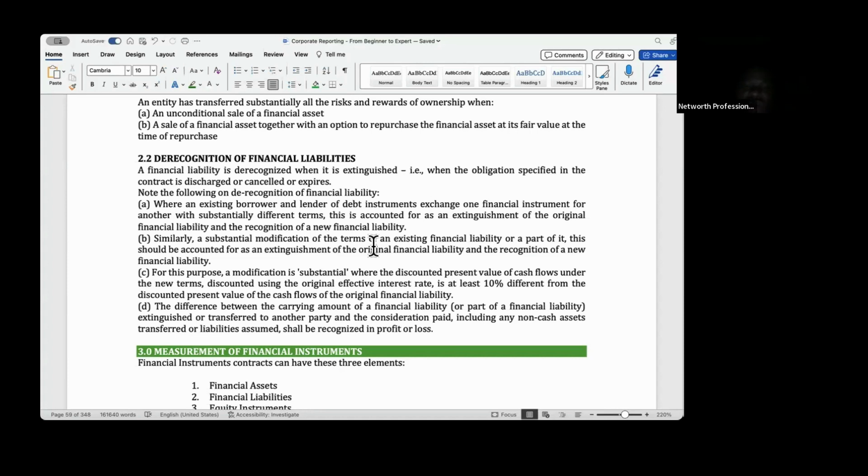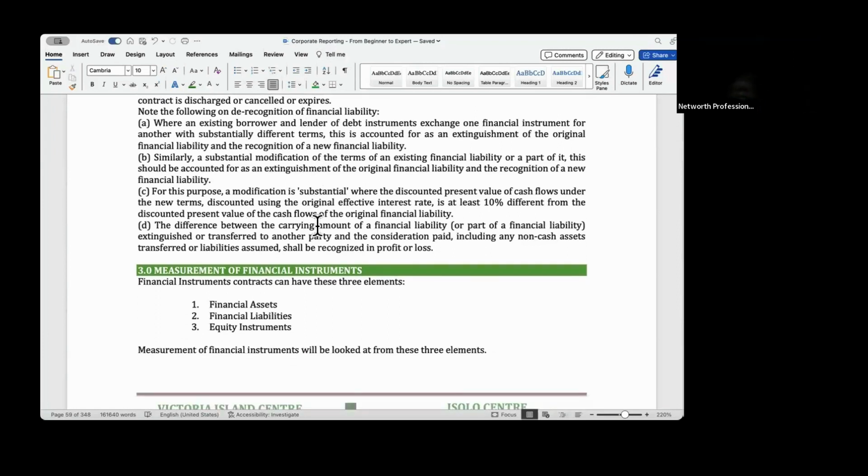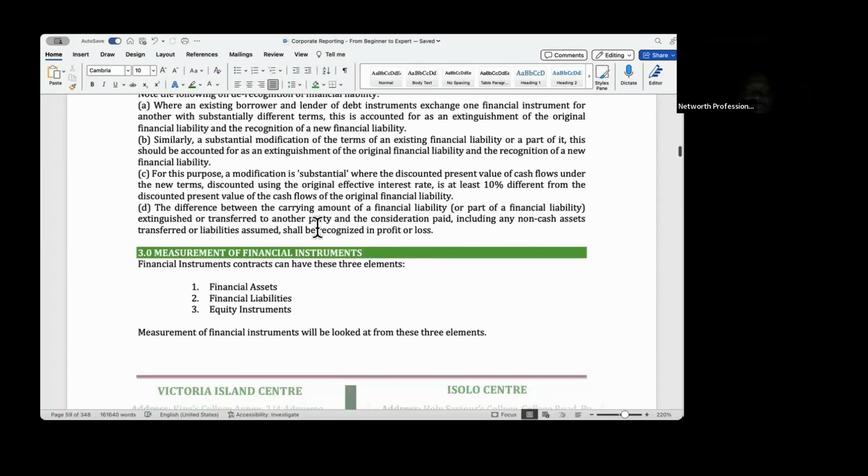Finally, when you eventually derecognize a financial liability, you could make a gain or a loss depending on how much you are using to settle. That will determine whether you make a gain or a loss, as the case may be. Okay, so that is it for recognition and derecognition of a financial asset and a financial liability.